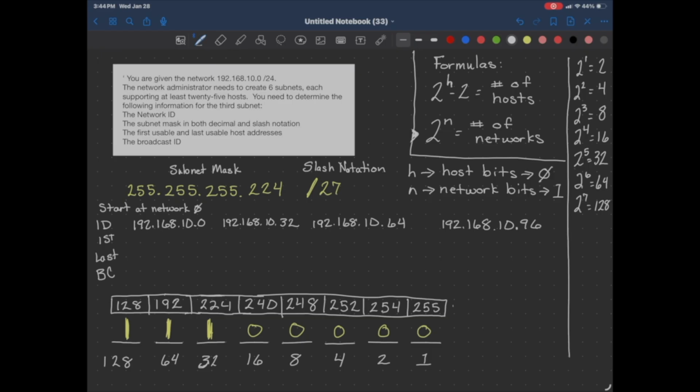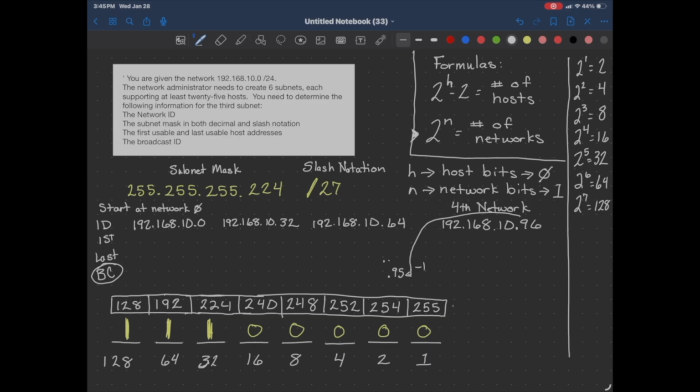Now that we know our fourth subnet ID, we can subtract 1 from that, and that gives us our broadcast for the third subnet. We subtract 1 from that, and that gives us our last usable IP address. Then we add 1 to 64, and that gives us our first usable IP address in that range. Our broadcast is 192.168.10.95. And so you've got your usable range here.